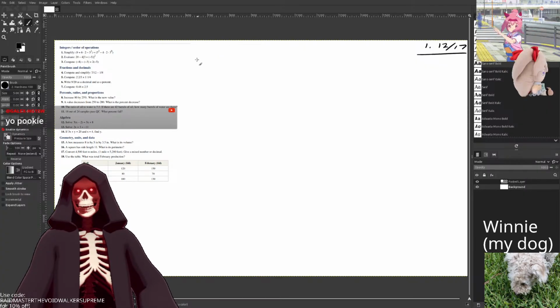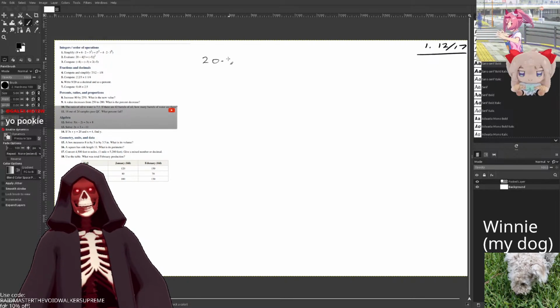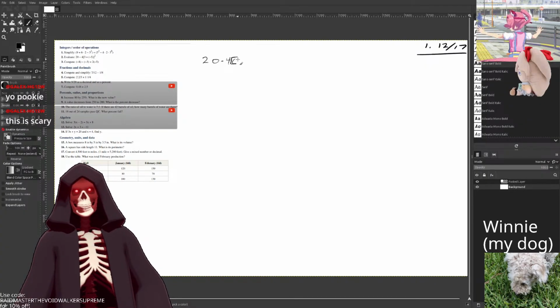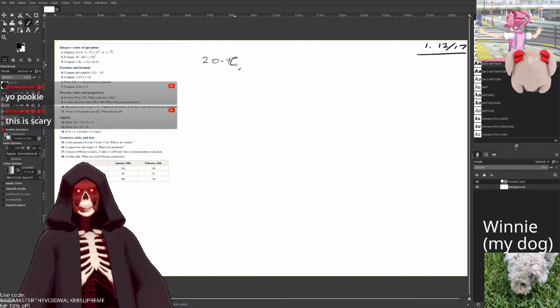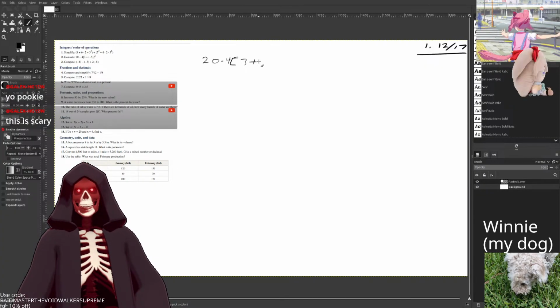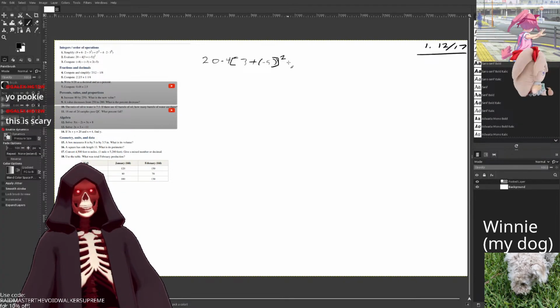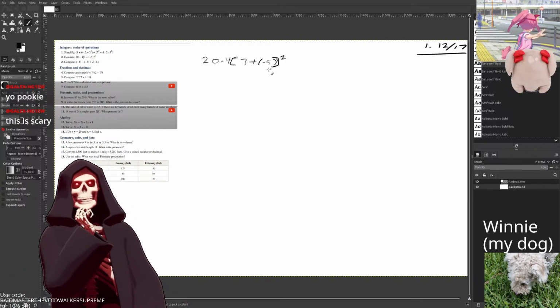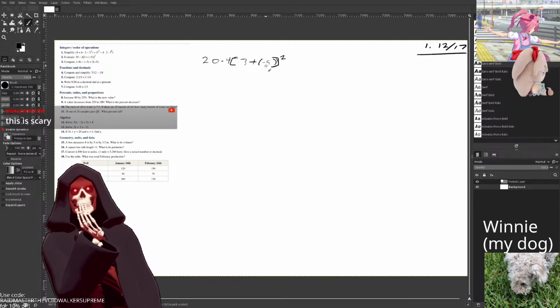Number 2. Evaluate, this just means solve. Let's take 20 minus 4, which is, get this correct. This is scary, I know. 3 plus -5 squared. So leave this alone for right now. So we'll go one at a time.